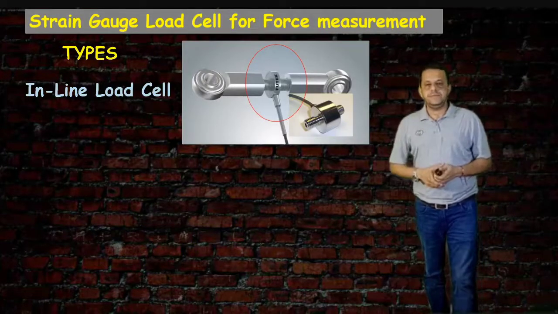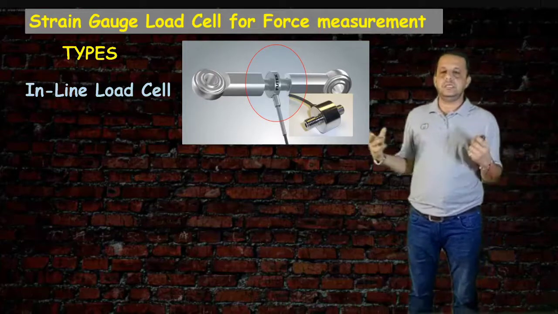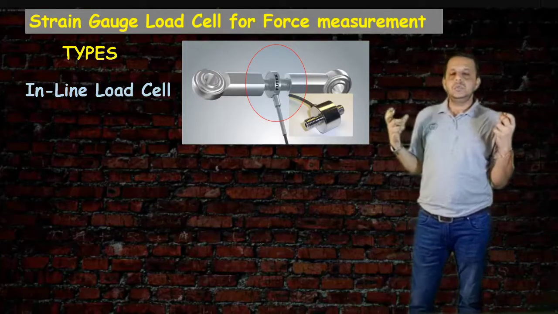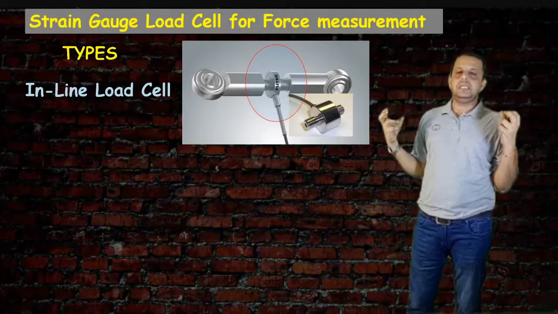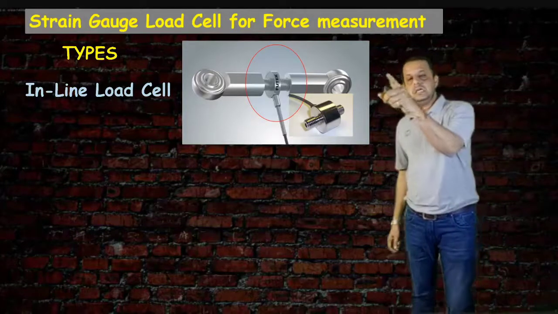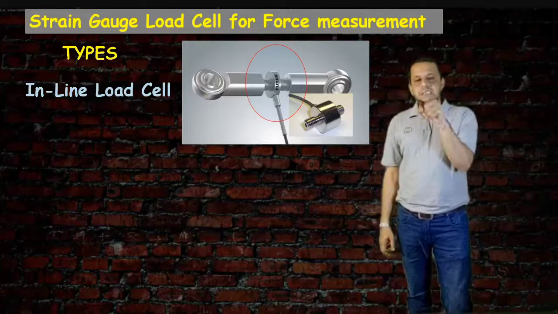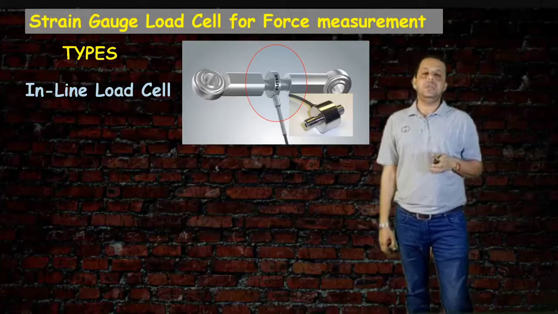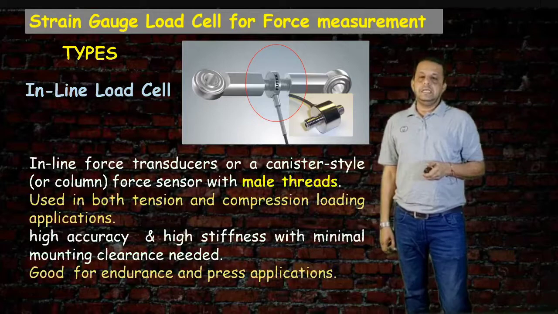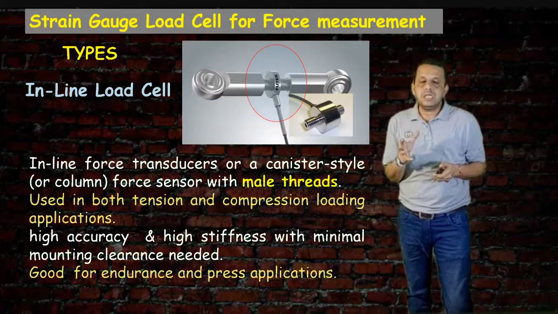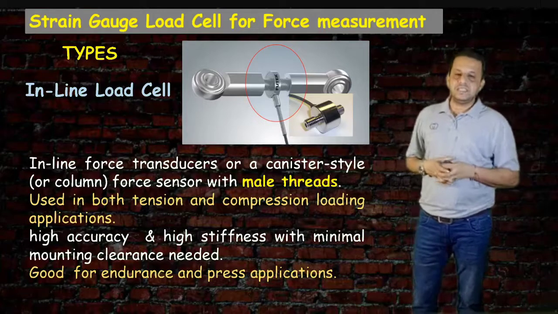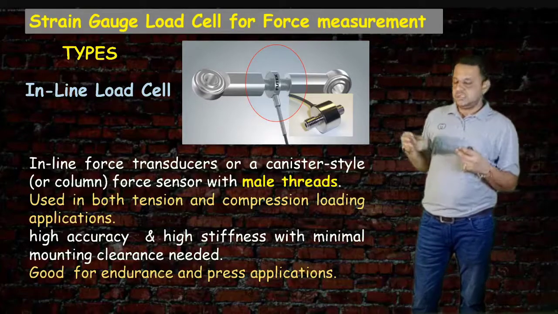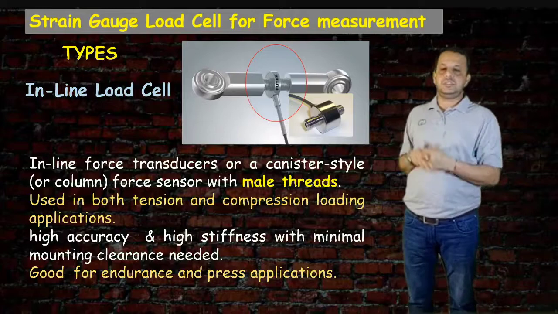Let us go by different types. Here you see a diagram where two ends are given with hookup facility, and the middle one that I have circled is the inline load cell. There are column style or canister style force sensors with male threads which can be fitted in certain structures.